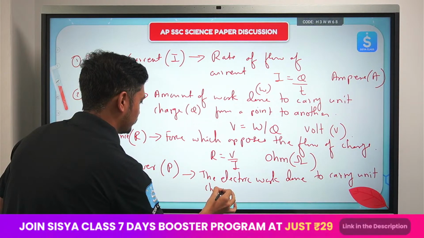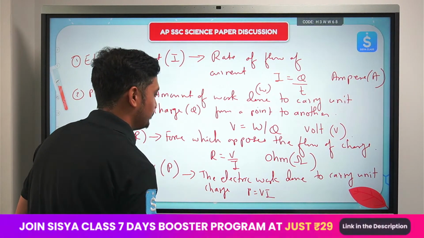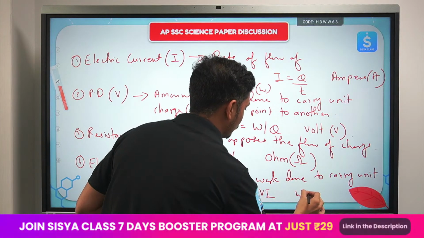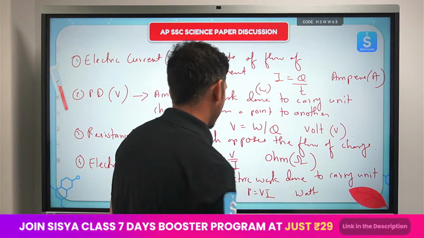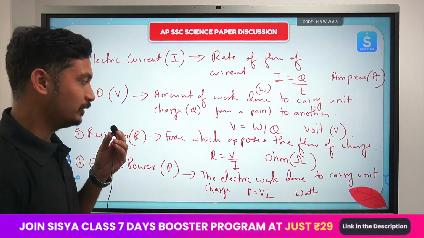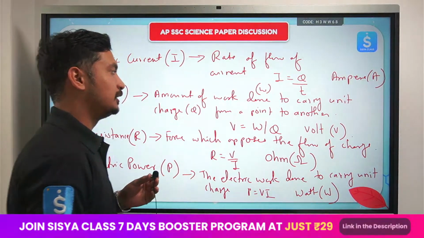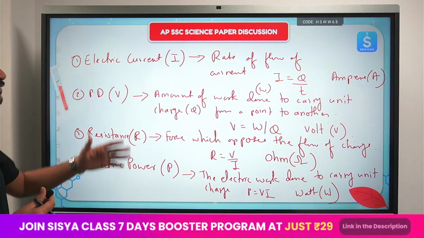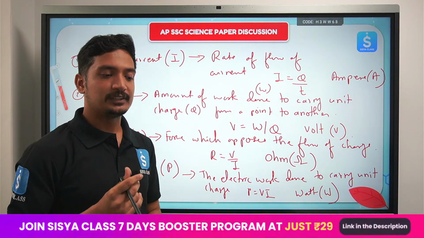The formula for P is going to be V into I. The SI unit is going to be watt, which comes from James Watt, who was the person who had contributed a lot in power theory. And then we have the symbol of watt as W. So these are the definitions and the formulas followed with the SI unit for all the definitions that you had.